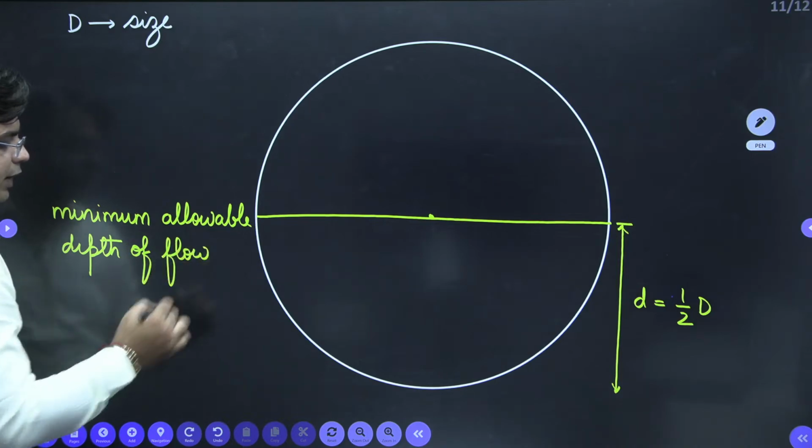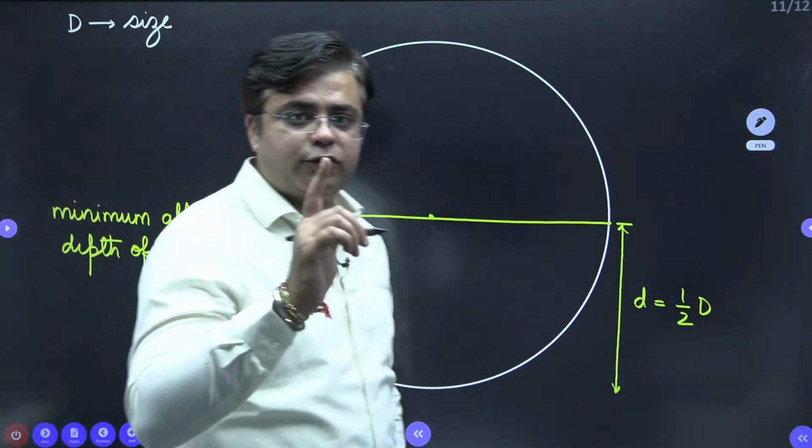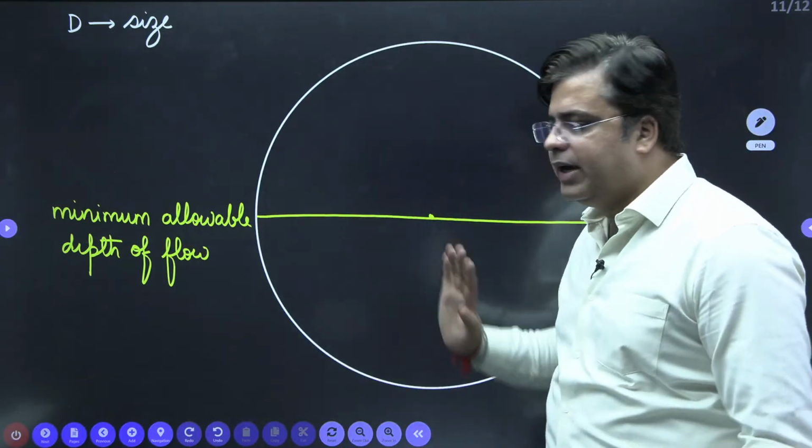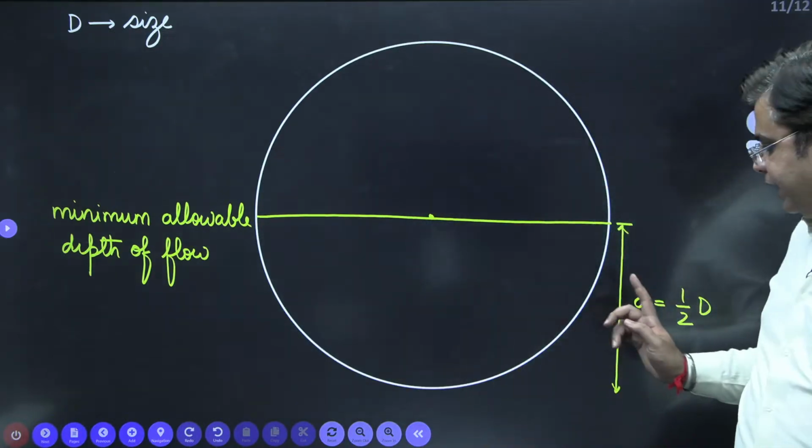Means whenever you are designing any sewer, the first thing is the minimum depth of flow should be D by 2, capital D by 2, right?